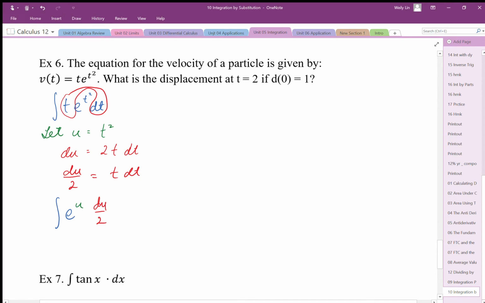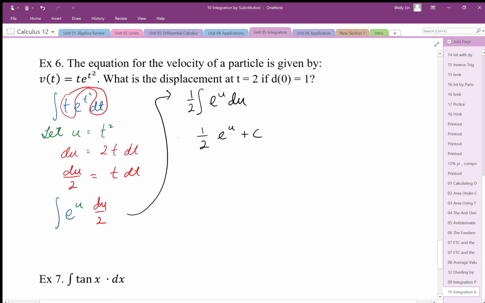Then I'm just going to clean this up a little bit. So I end up with the integral of e to the u. I'm going to take the 1/2 outside, du. Well, that's a very easy integral to do. I'm going to end up with 1/2 e to the u plus c.